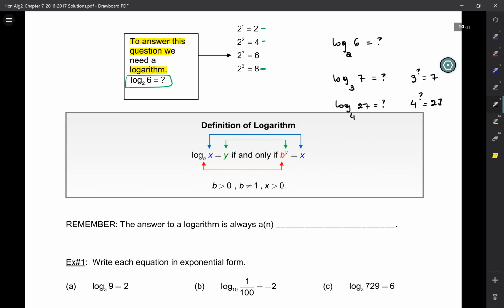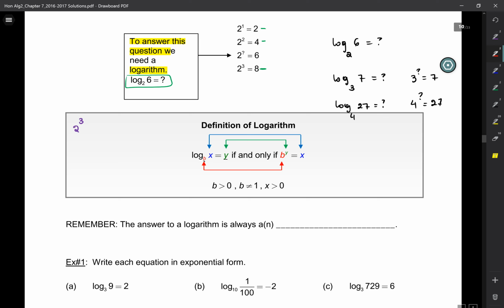So here, if you want to color code it, if I have log base b of x equal to y, what is that? Well, now I'm saying b to the power of y is equal to x. Now, suppose I have 2 to the power of 3.